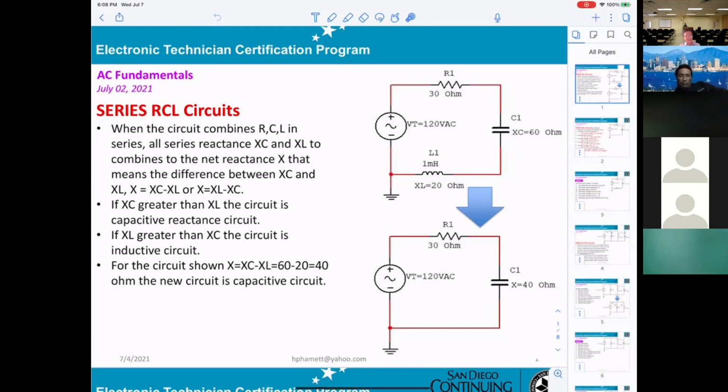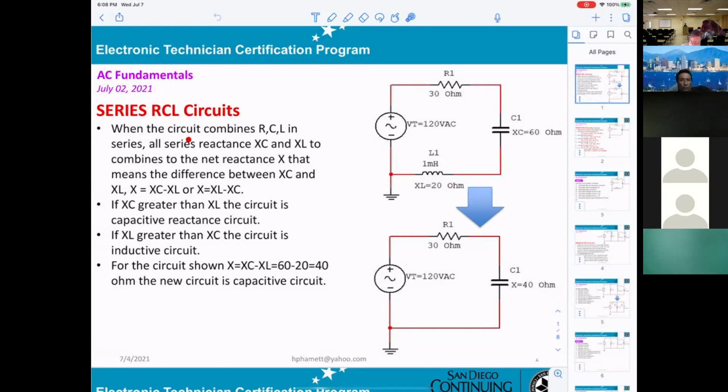We already said you cannot solve the circuitry with both C and L. So the first thing you need to do is calculate the net reactance, looking at XC and XL, which one is higher.